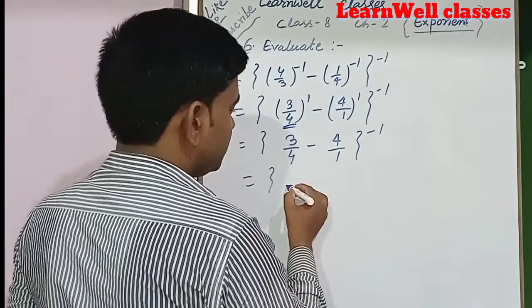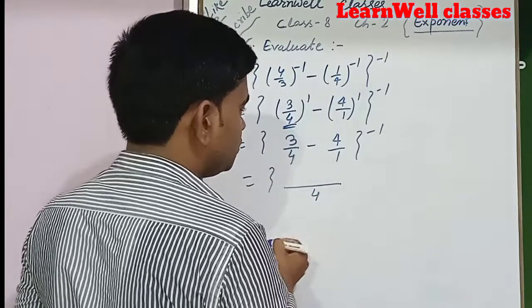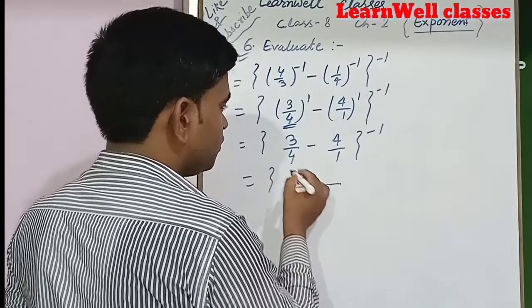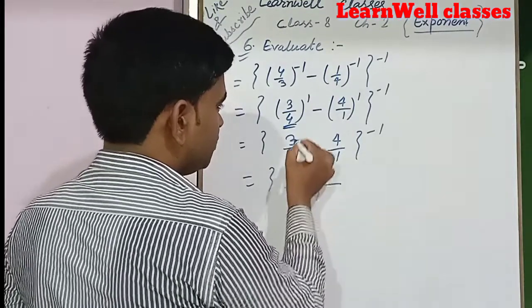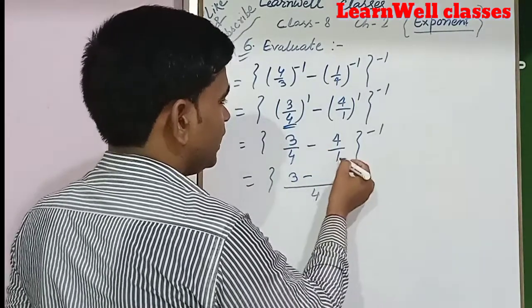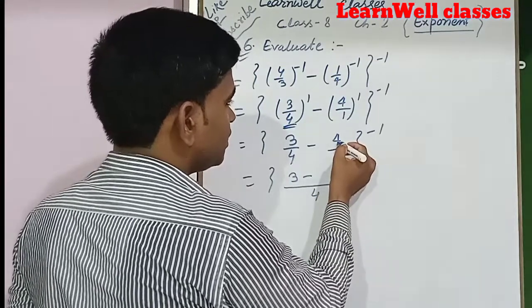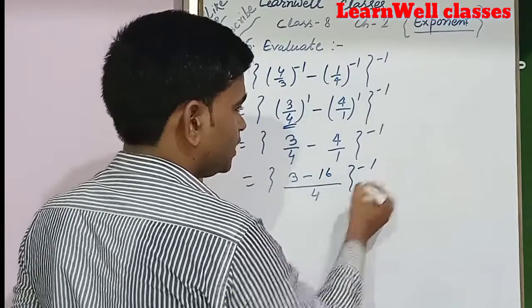For 4 and 1, we find the LCM, which is 4. So 4 divided by 4 is 1, and 4 divided by 1 is 4. We multiply 3 into 1 is 3, and 4 into 4 is 16, minus 1.